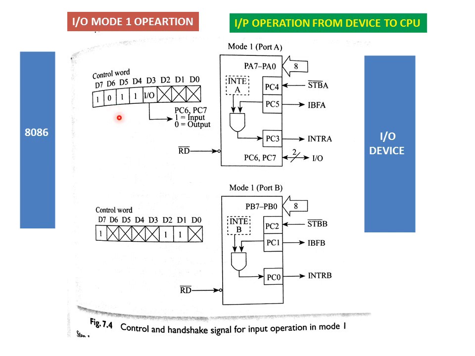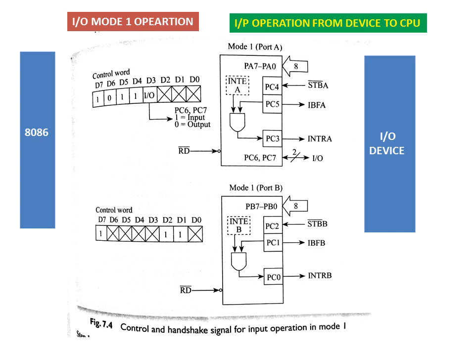D6, D5: 0, 1 indicating mode 1 operation. Mode 1 means group A selected for operation. Group A means port A and port C selected for operation.